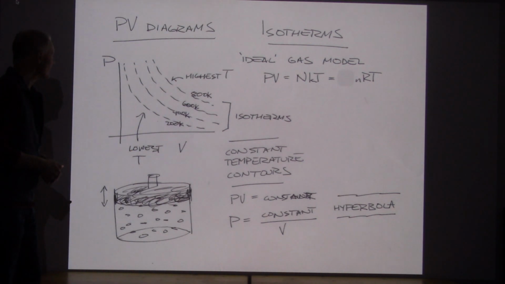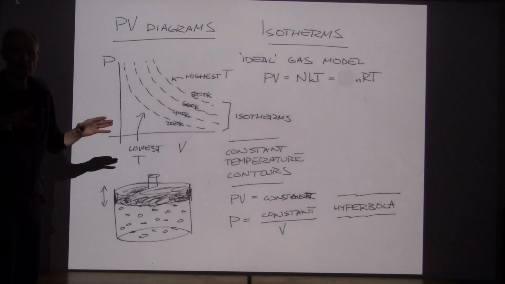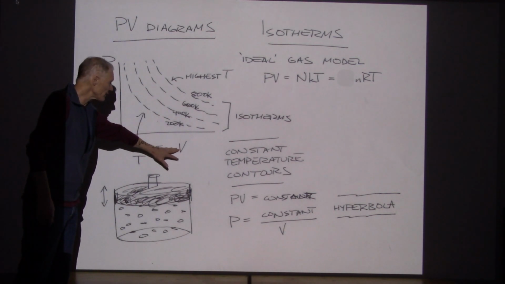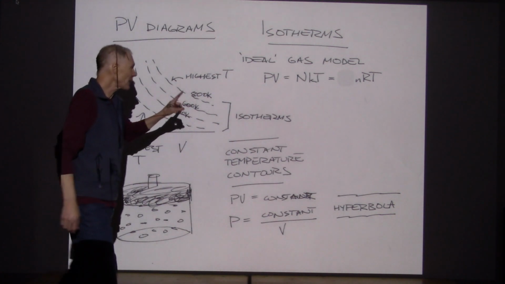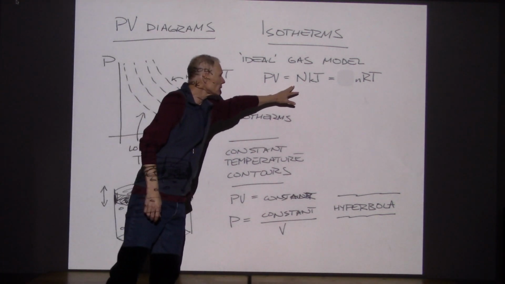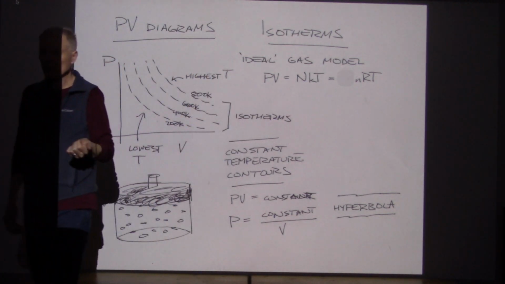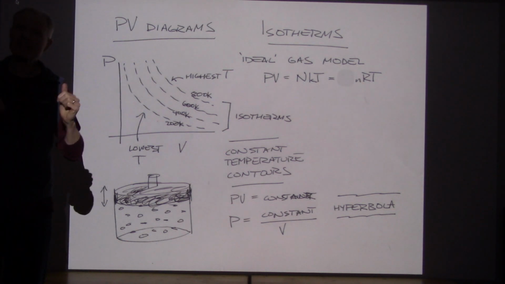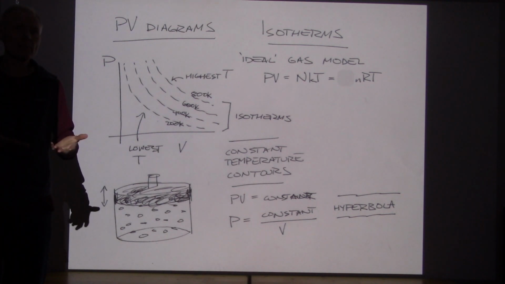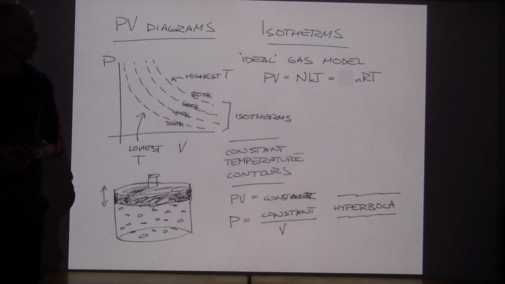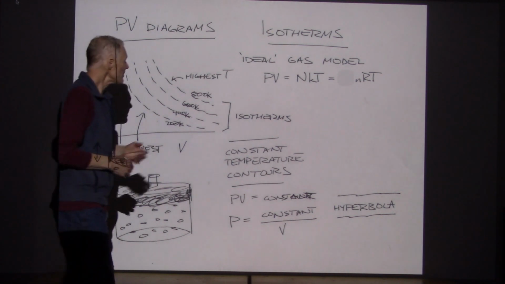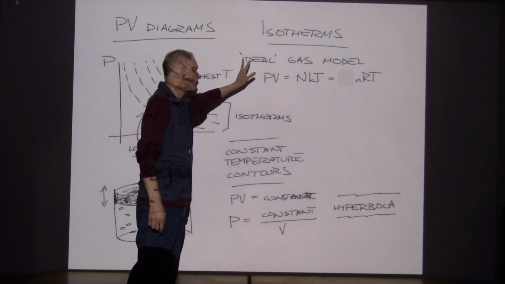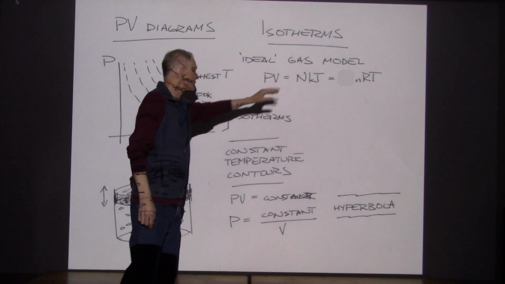So what we're going to ask is, if the temperature stays constant, how are pressure and volume going to be related? And not just temperature staying constant, but also the number of molecules. If I take a sample with a fixed number of molecules, and set the system up so the temperature stays the same, the ideal gas model predicts, first of all, PV equals NkT.